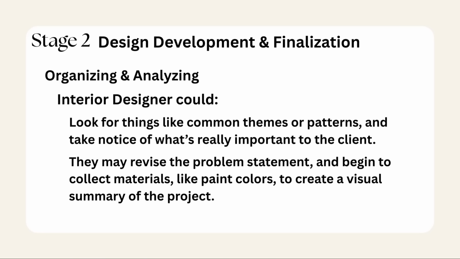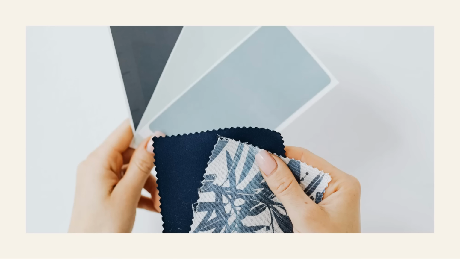They may also want to start to have a visual summary of this design problem. Maybe they will bring out different colors that the client really wants to work with. So they have a visual way of seeing that design problem.